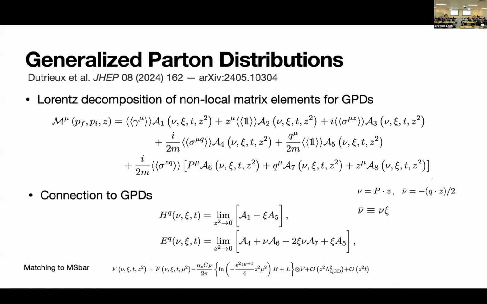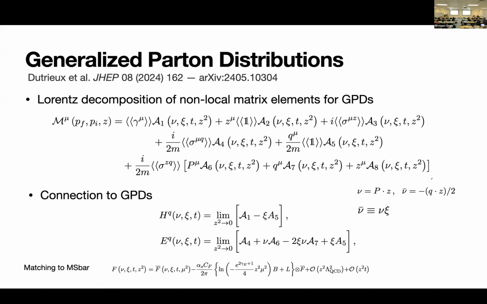Just wanted to flash you that the generalized Parton distribution functions are exactly the same types of matrix elements that I described before. The only difference is that the initial and final momentum of the proton are different. And because of that, now I have many more vectors. So the Lorentz decomposition becomes a complicated thing with 8 invariant amplitudes that you need to extract.